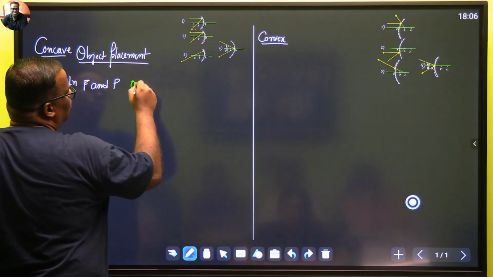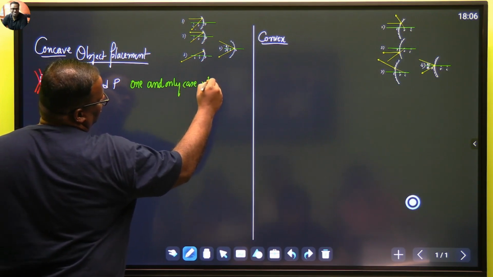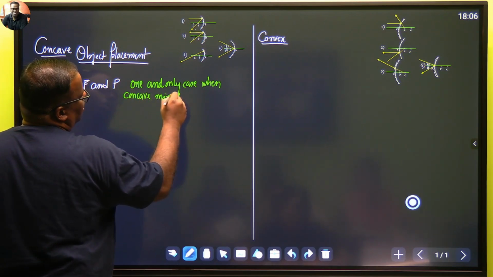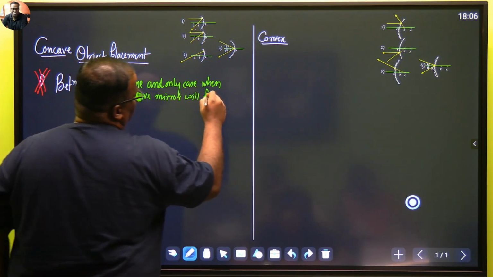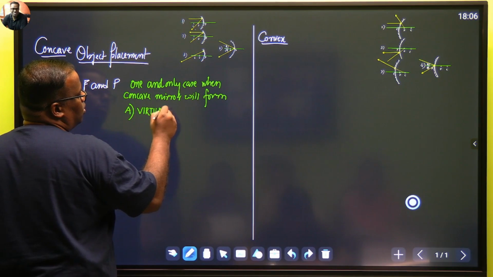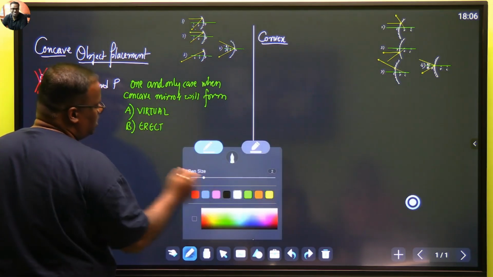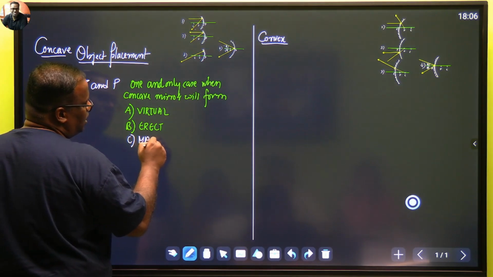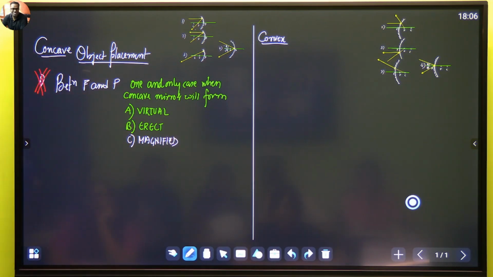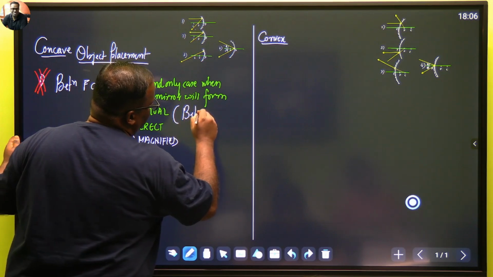It is the one and only case when a concave mirror will form a virtual, erect image. Magnified you will get in many cases, but here you will get virtual and you will get erect. Virtual मतलब behind the mirror.